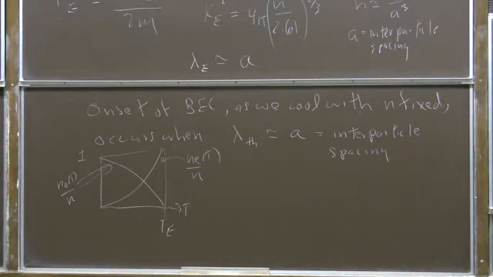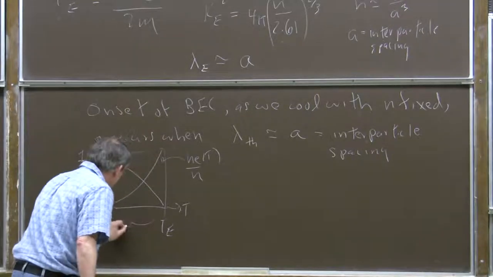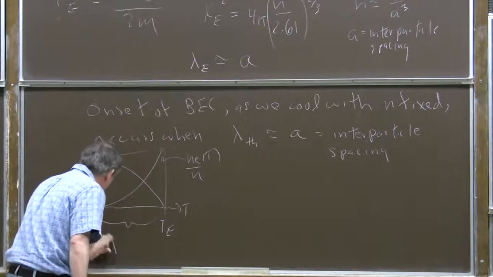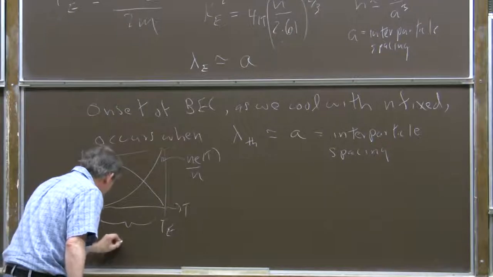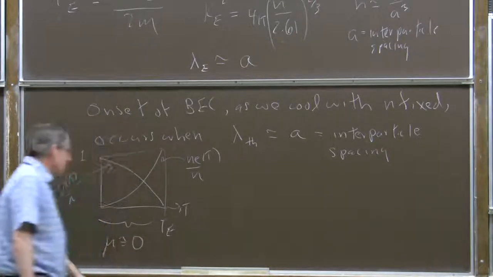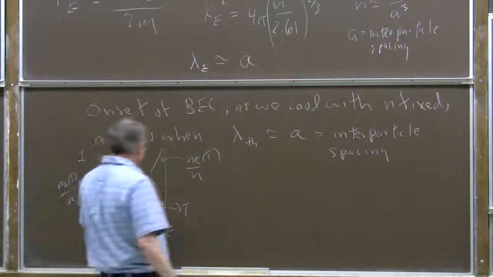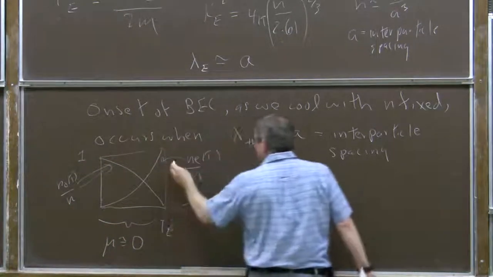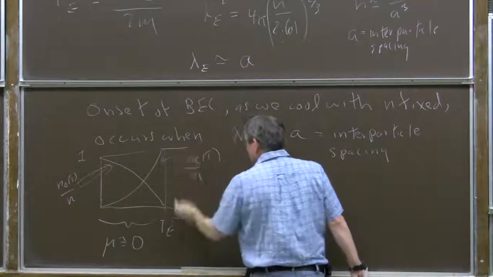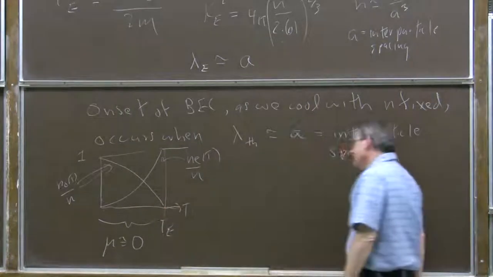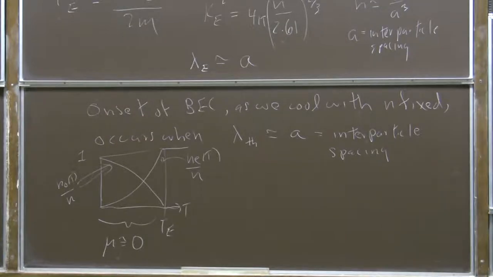And that fraction goes to 0 at the Einstein temperature. Below the Einstein temperature, we can take the chemical potential to be essentially 0, the activity essentially 1, and then when the temperature gets above the Einstein temperature, the chemical potential backs away from 0, takes negative values. And from then on, the fraction of particles in excited orbitals is stuck at 1, and the fraction in the ground orbital is 0.